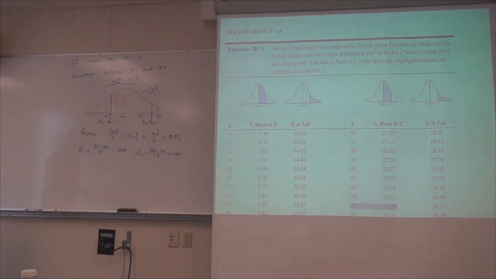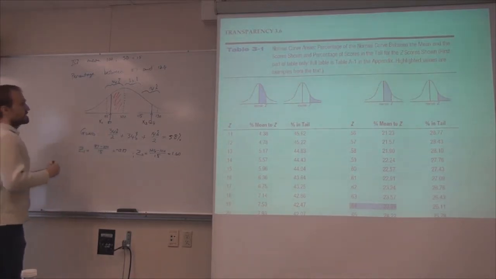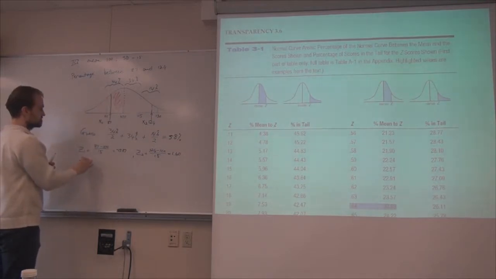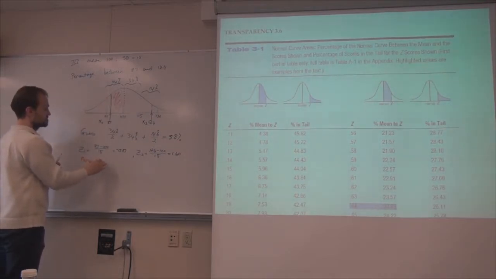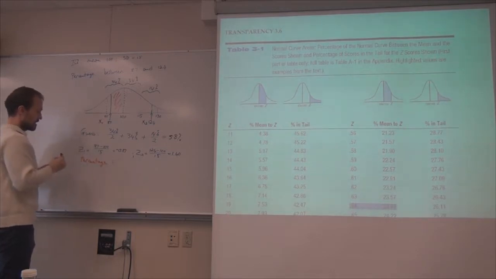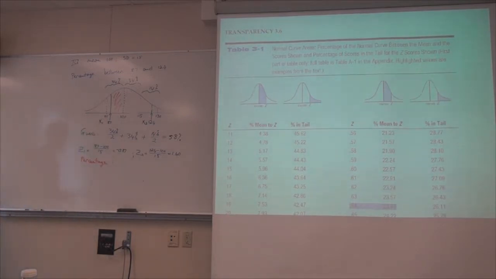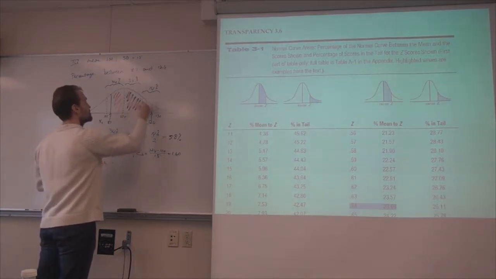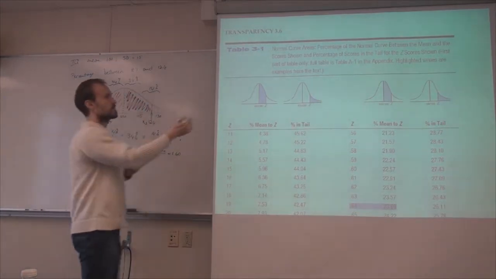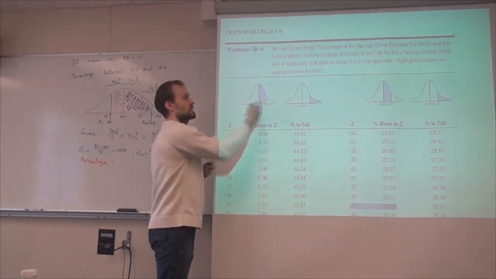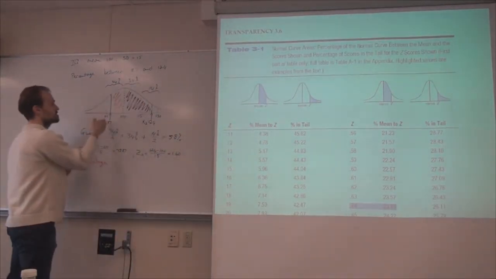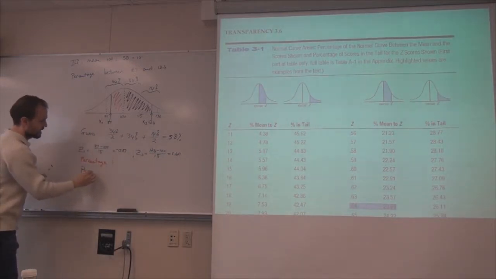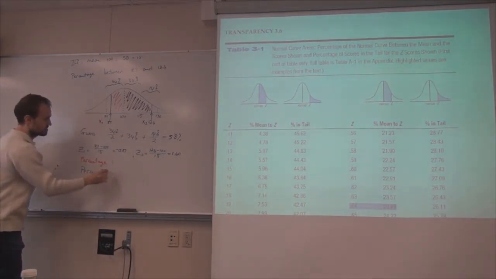I'm going to find the red percentage, and then we'll find the purple percentage, because the table can get me from the mean to a z-score. So mean to a z-score, mean to a z-score. And then I'll add them together.